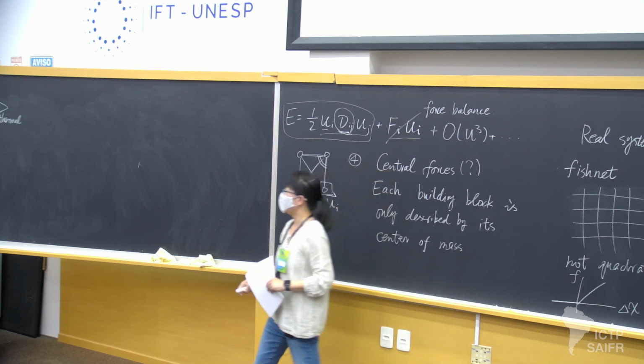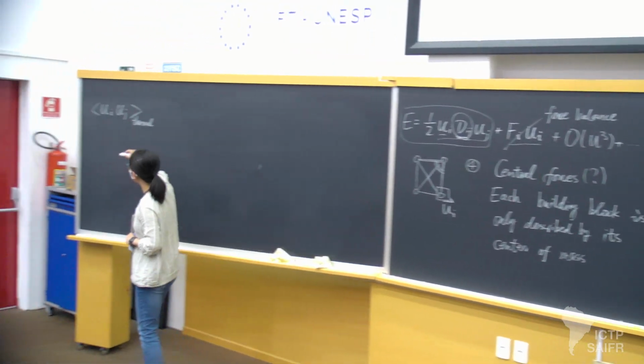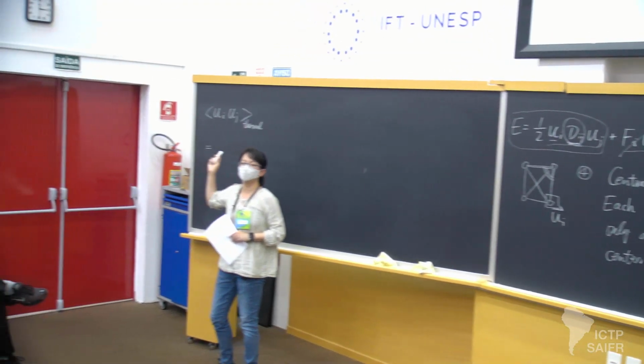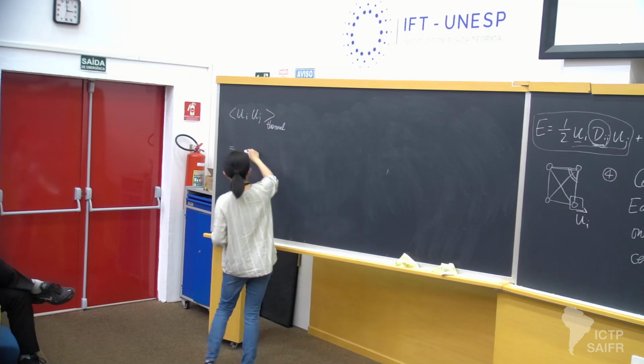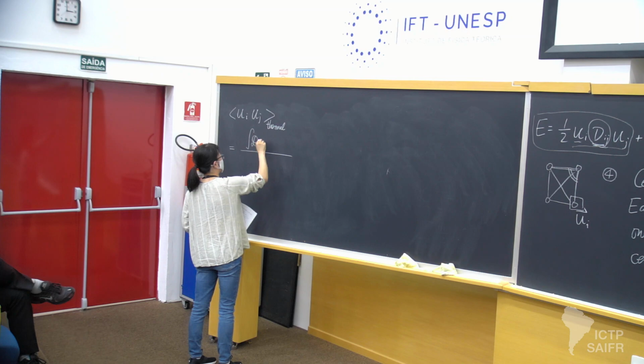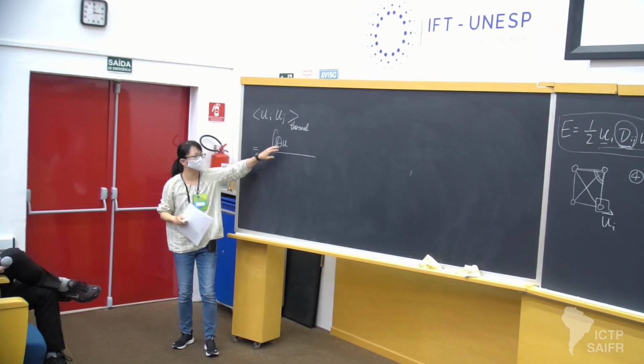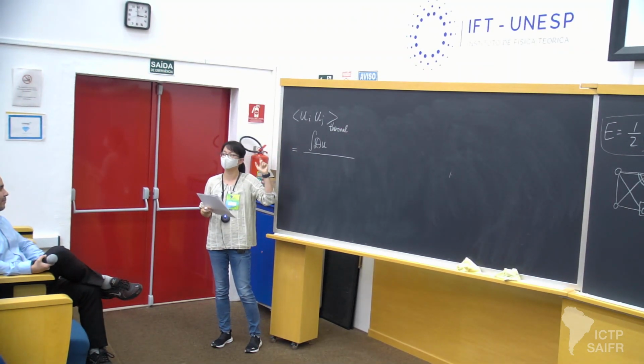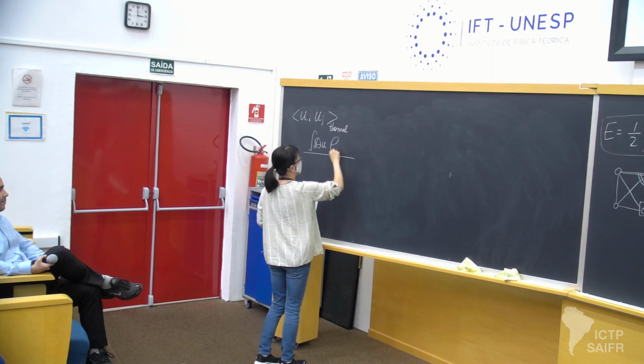Yeah. So in general, you can calculate this using the equilibrium ensemble, right? I just write it like this. You integrate over all of the possible configurations of the system.